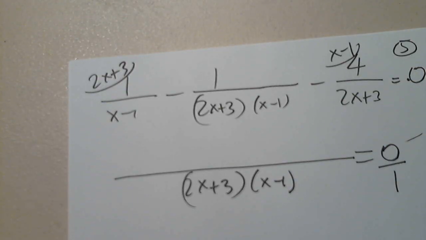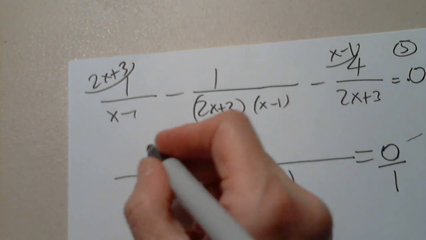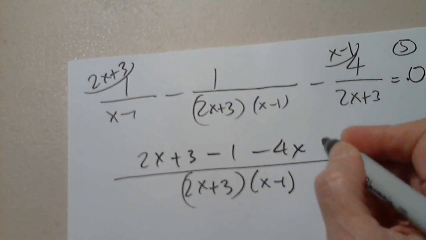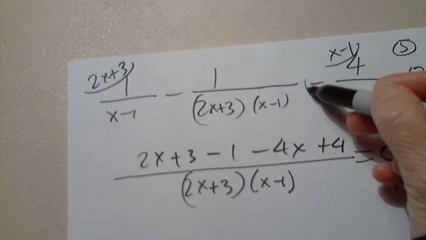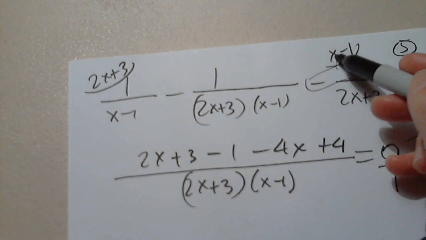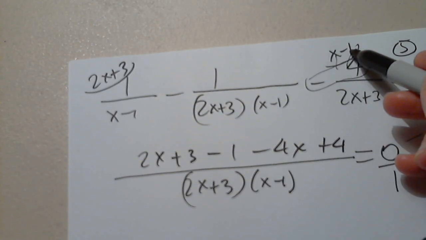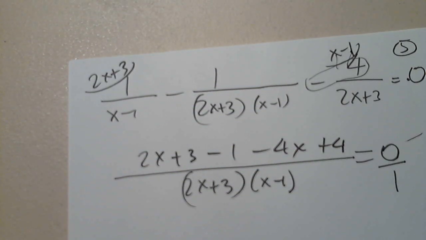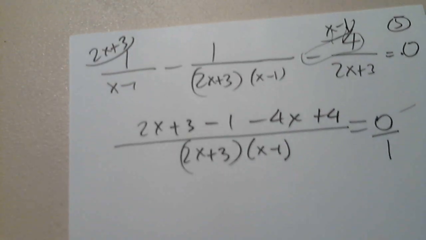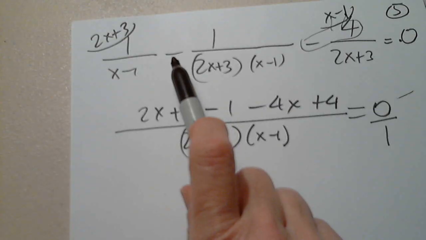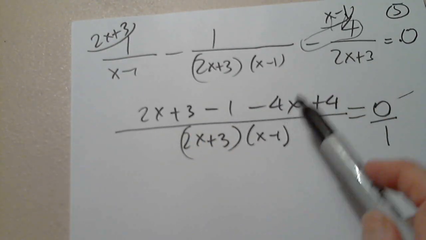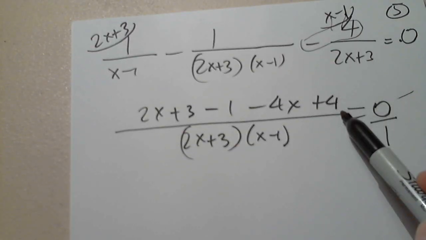Is it 2x plus 3 minus 1 minus 4x minus 4? But plus 4. Because I have -4 to distribute to x and -4 to distribute to -1. Is that clear? Yes. Perfect. So 2x plus 3, -1, -4 times x, -4 times -1.